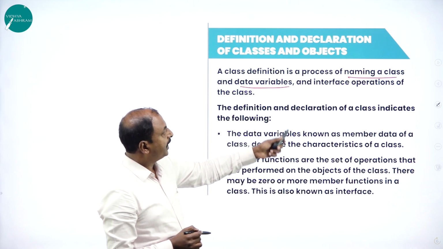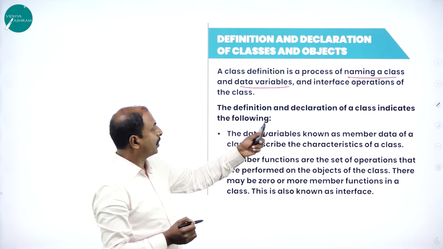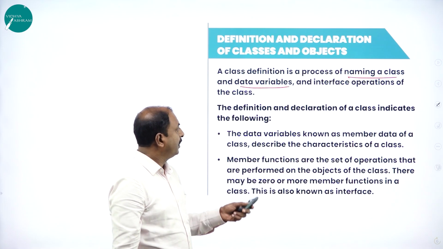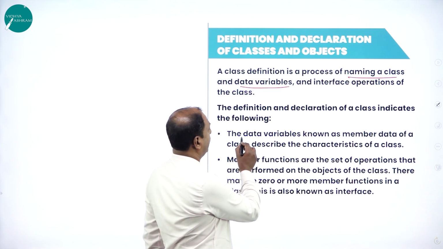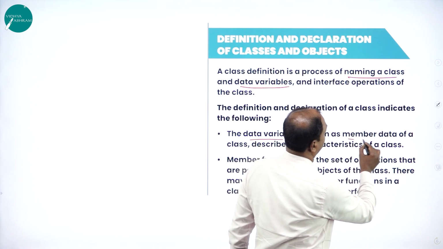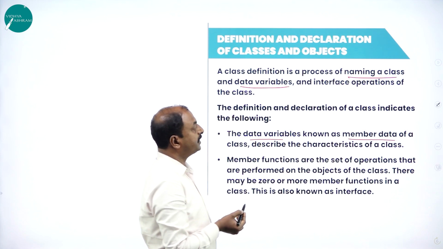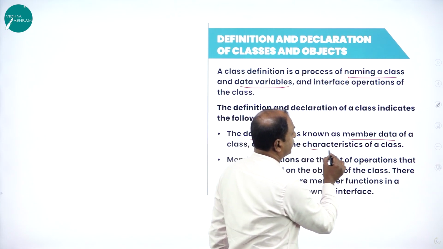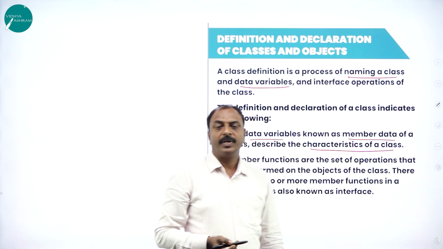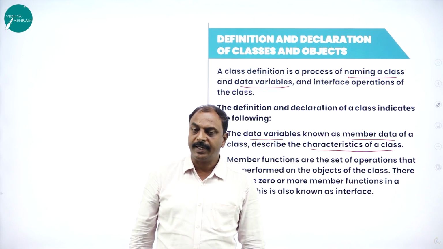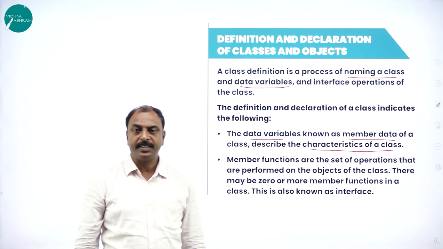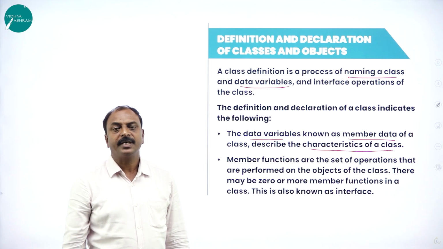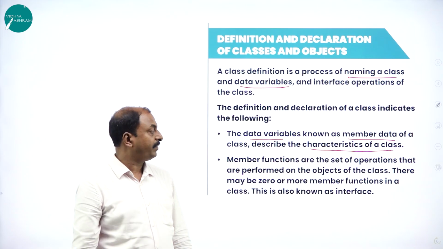The definition and declaration of a class indicate the following. The data variables, known as member data, describe the characteristics of a class. Now we have learned the definition of an object: an item or entity which has characteristics and behavior.